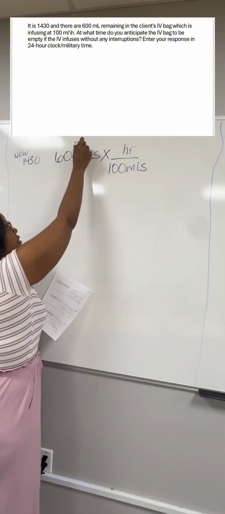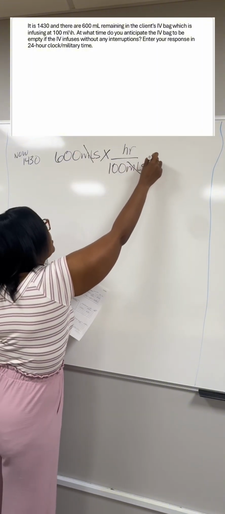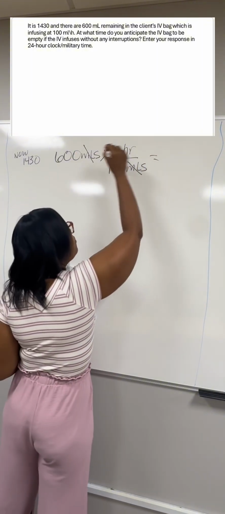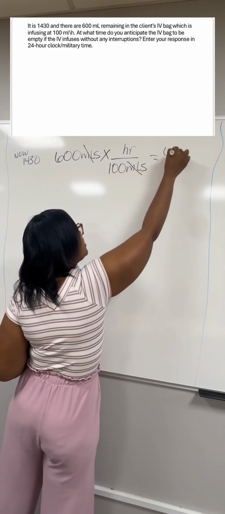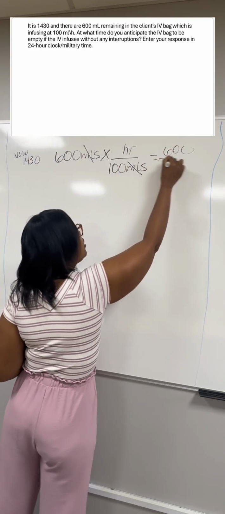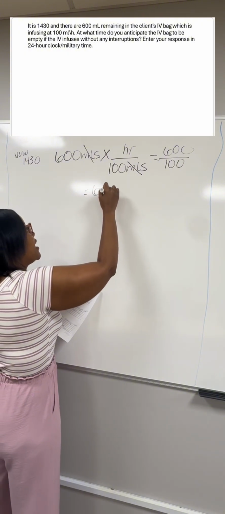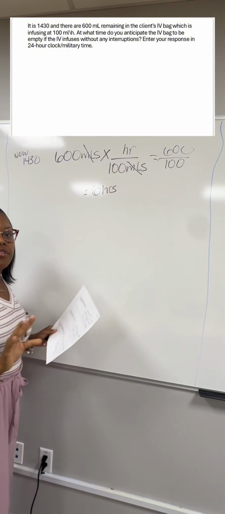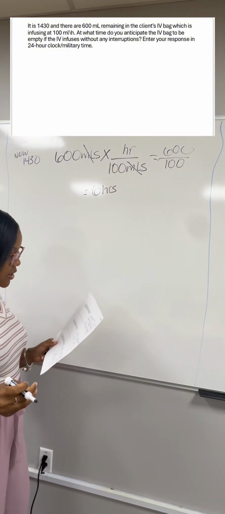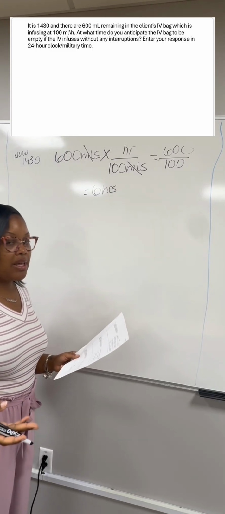So then our mLs cancel out and we're left with hours. So we multiply straight across and we get 600, multiply straight across and we get 100, and we're left with 6 hours, all right? But the question is asking us, what time will it be finished?